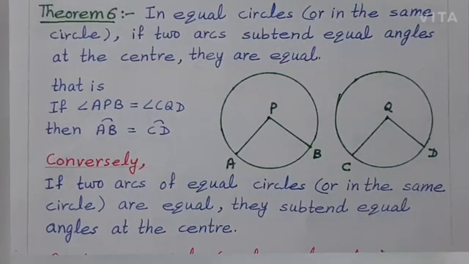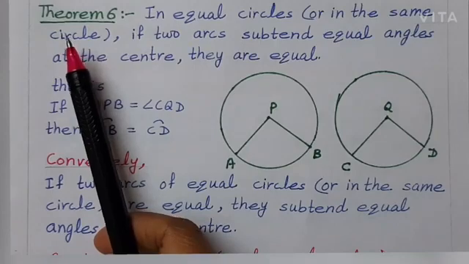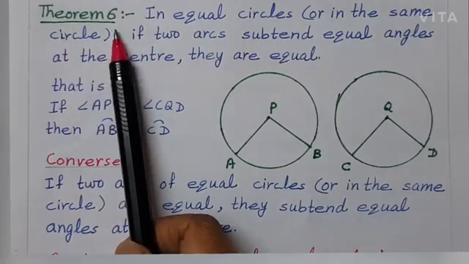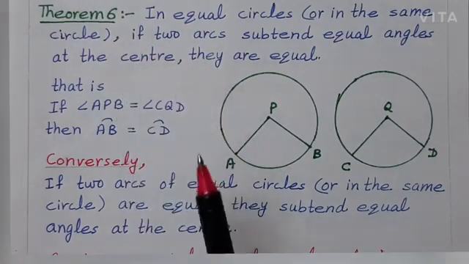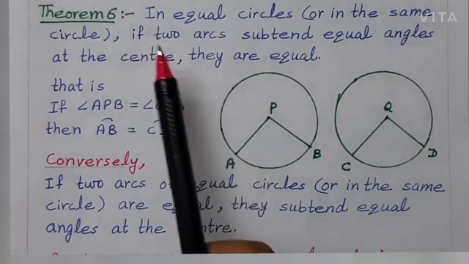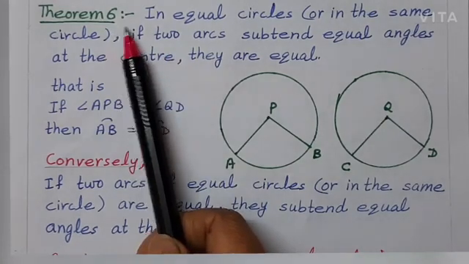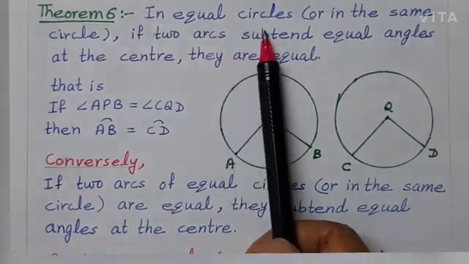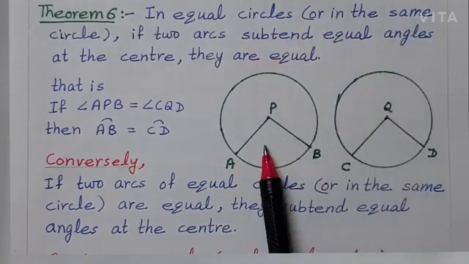Now students, let us move to page number 8 of your assignment. Now your next theorem is theorem number 6, which is based on arcs and chords properties of a circle. So here the statement is in equal circles or in the same circle.